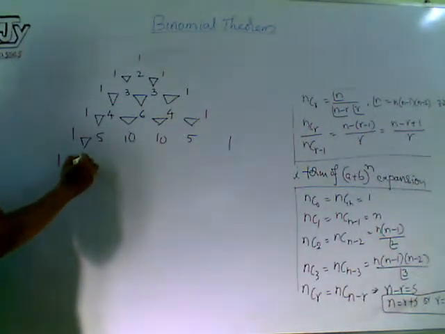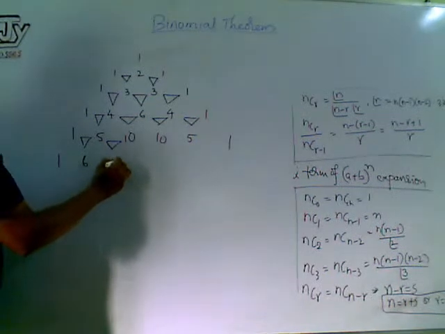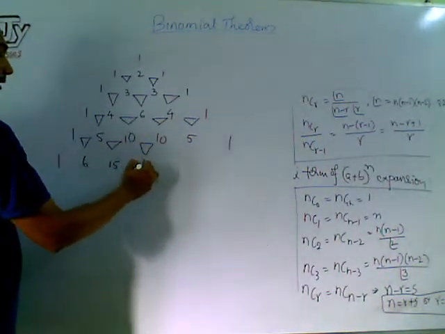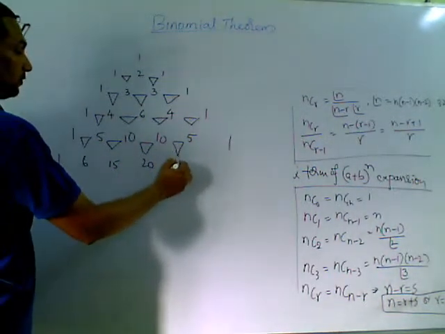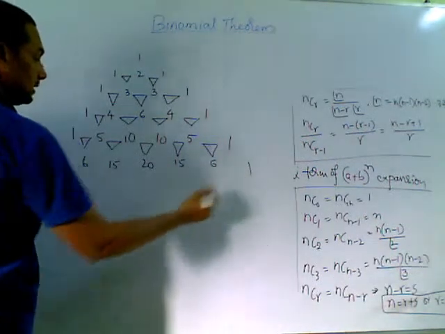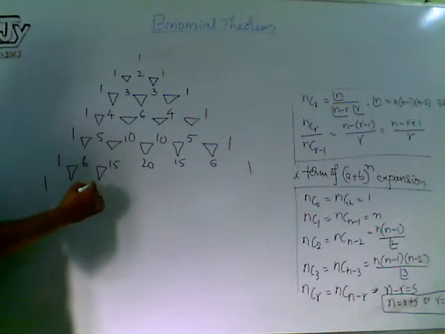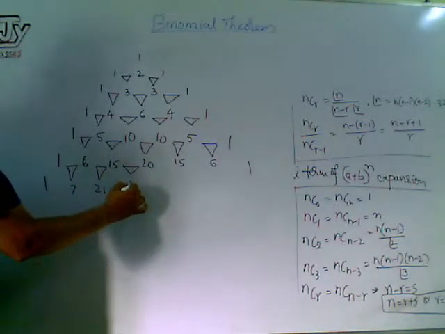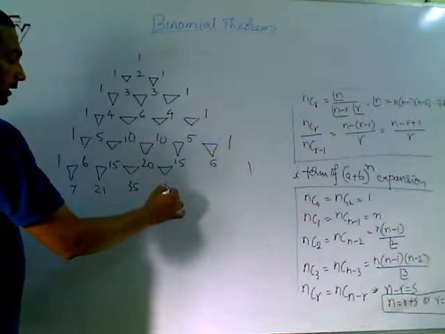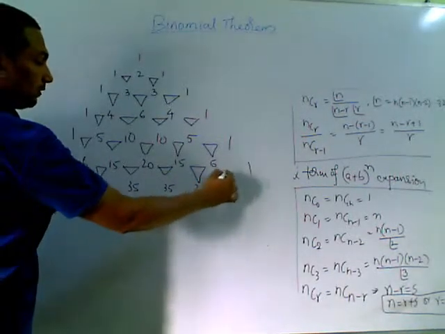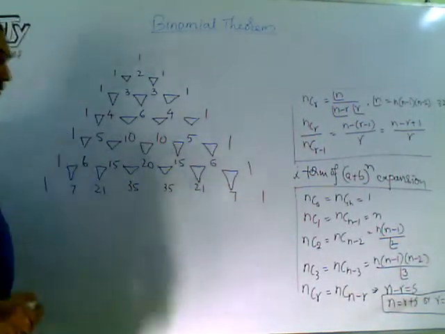Again 1, plus 5 is 6, 5 plus 10 is 15, 10 plus 10 is 20, 10 plus 5 is 15, 5 plus 1 is 6. Again 1, plus 6 is 7, 6 plus 15 is 21, 15 plus 20 is 35. Here also 35, here 21, here 7, 1.